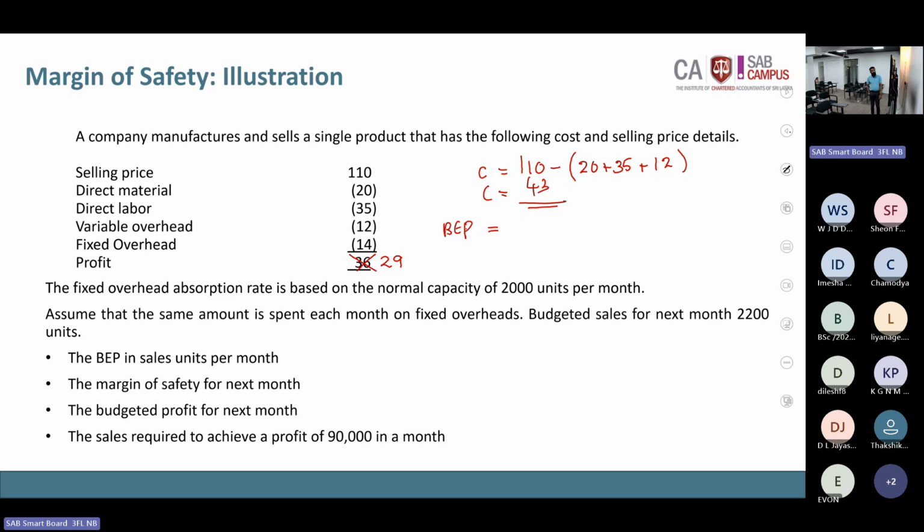Fixed cost: they have provided 40 per unit. The fixed overhead absorption rate is based on the normal capacity of 2,000 units.